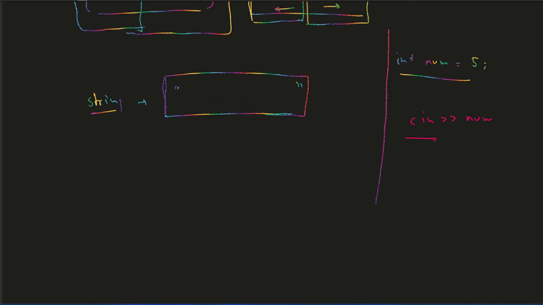So the console input, where you're inputting it, is sending this thing to num. Now num is not storing this thing. Num is actually pointing to some place in the memory. I discussed this in the memory video. So num is not storing this, num is basically pointing, and this thing is stored over there.